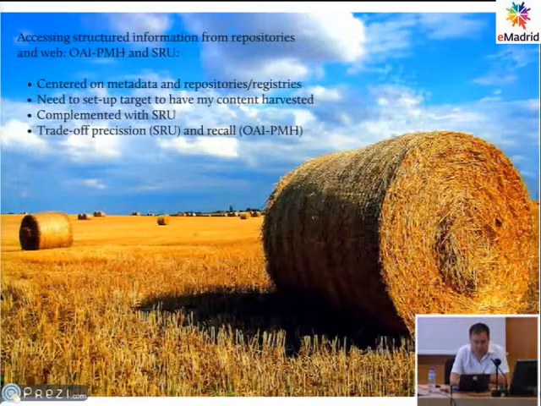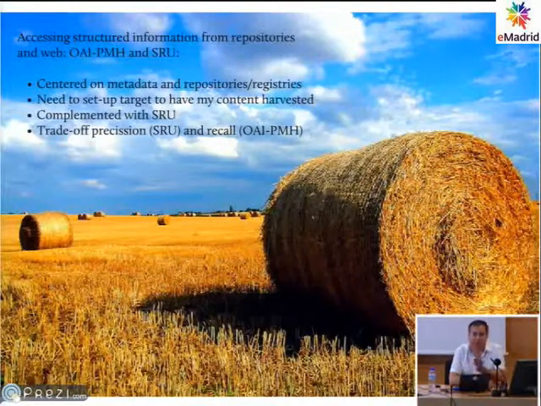So here we have an example of something that has been proven to be very useful. We go to a repository, we set it up as a target, so we show all the metadata in the repository, then we gather the metadata, we can query that and retrieve the elements.